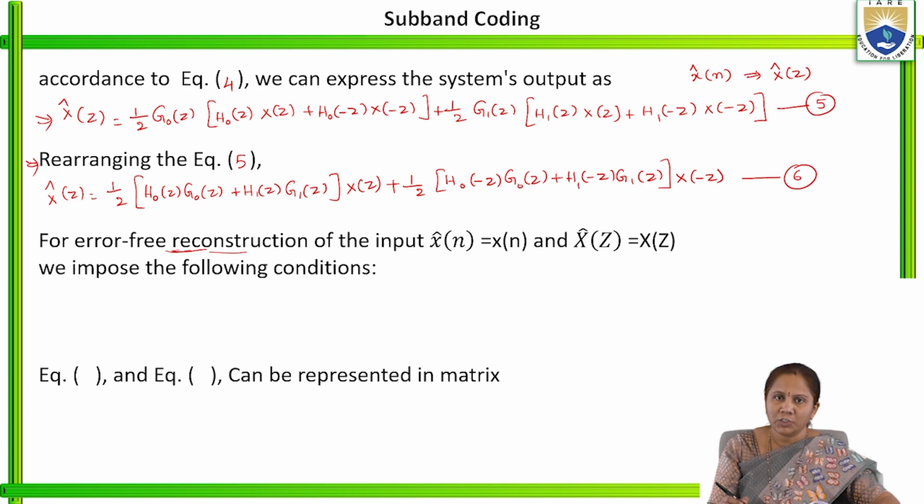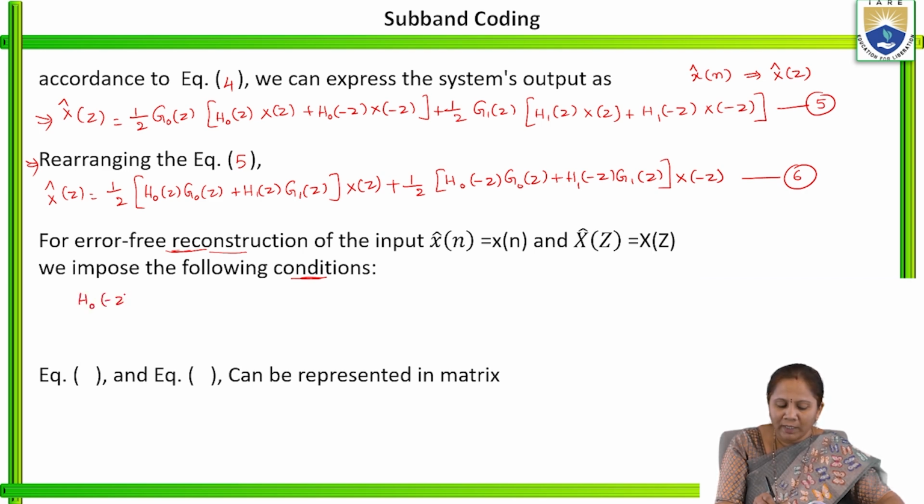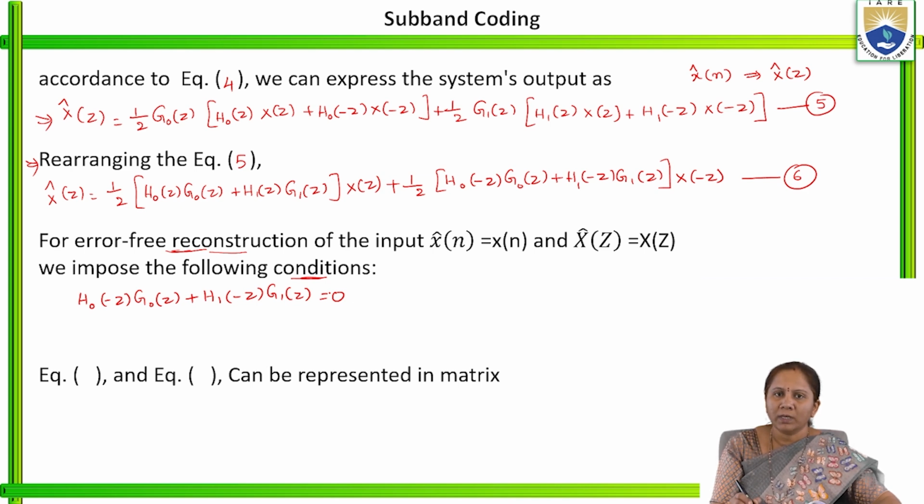consider some conditions. So what are the conditions? The conditions are, consider H naught of minus Z into G naught of Z plus H1 of minus Z into G1 of Z is equal to 0. So this is one condition. H naught and G naught, those two are filters, which we have seen in the block diagram.